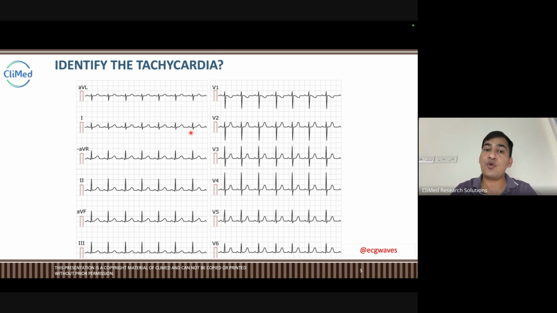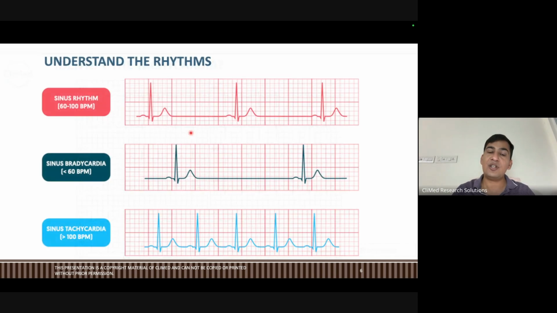It is just because of certain reasons. Everything is fine, just your heart rate is high. It is not irregular or inconsistent. Everything is perfect, just your heart rate is high. That is called sinus tachycardia.